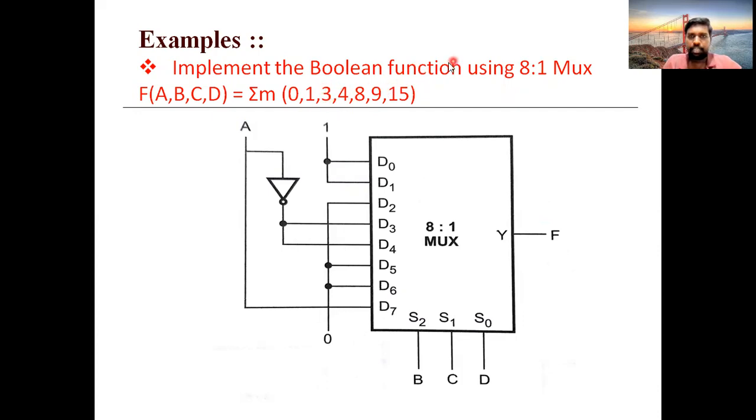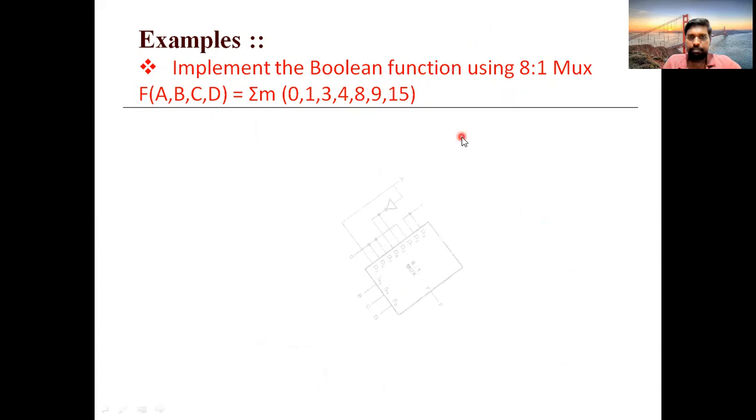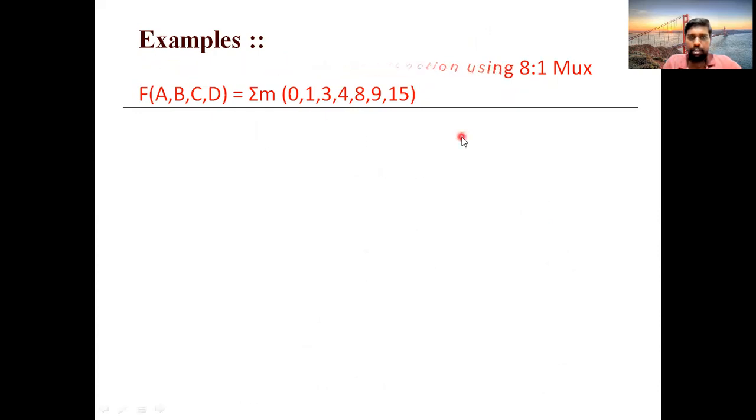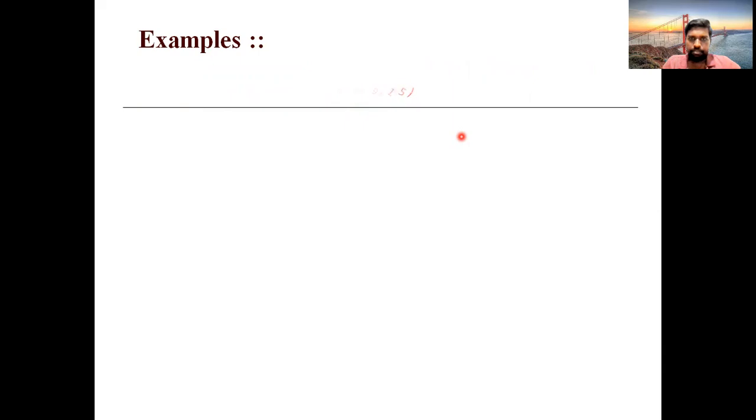Again, I am saying the multiplexer is nothing but a digital switch. We have many names for a multiplexer. It can also be called a digital switch, a many to one selector, and a data selector. Why is it called a digital switch?